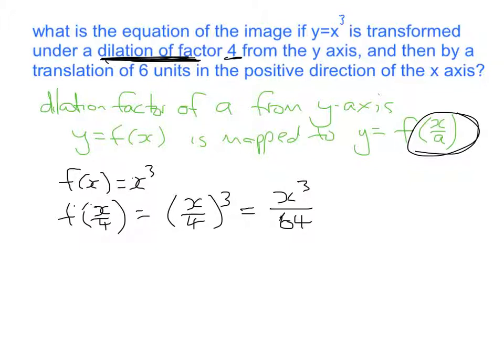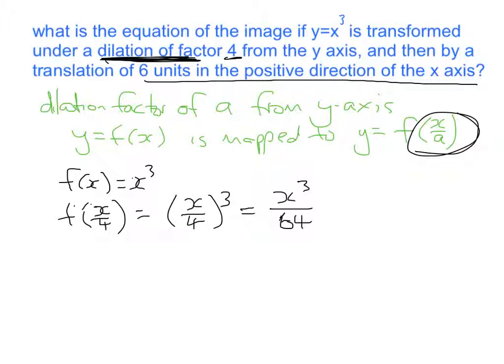And then what we need to do is apply the translation, which was shifting it. So a dilation is a stretching, a translation is a shifting. In this case, we're shifting it 6 units in the positive direction of the x-axis. So that indicates we'll need to have a bracket associated with our x.